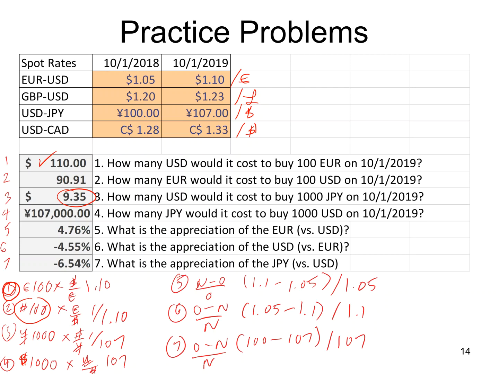Problem 5, what is the appreciation of the euro? Now in this case, the euro is quoted in direct terms, dollar price of a euro, so I'll just do new minus old over old, 110 minus 105 over 105, and the euro has appreciated by 4.76%. What is the appreciation of the dollar versus the euro?